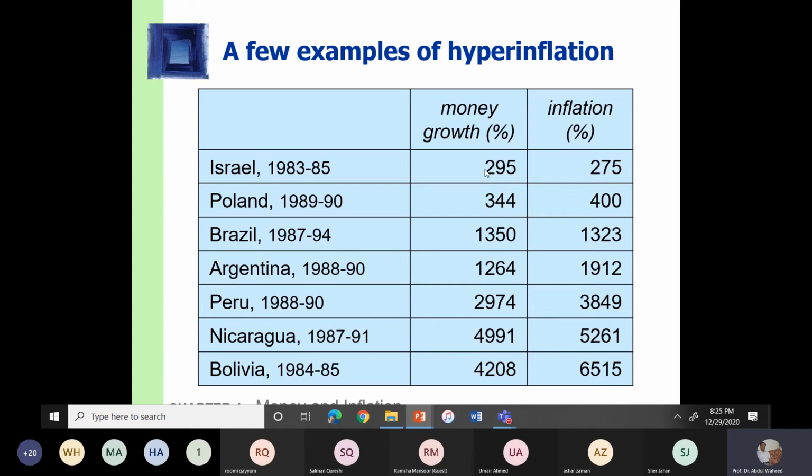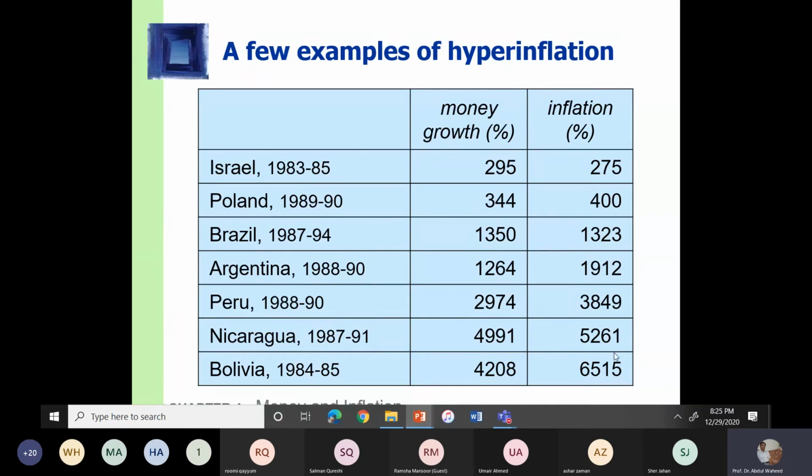So as money supply growth rate is higher, we can see that inflation rate is also higher. Look at Bolivia in 1984-85, money supply growth rate was 4,208% and the inflation rate was 6,515%.